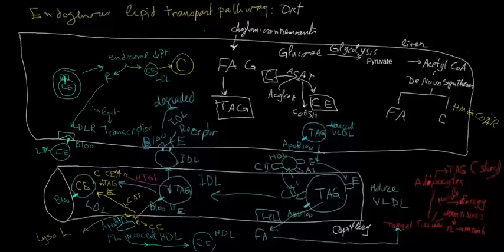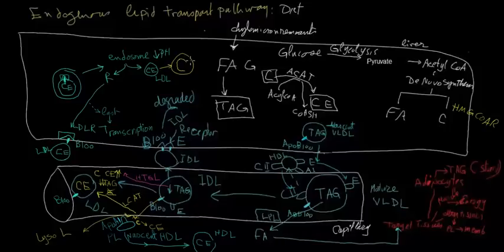So regulation of HMG-CoA reductase is a major determinant of the de novo synthesis of cholesterol, and in turn a major determinant of the level of cholesterol inside the liver cell.